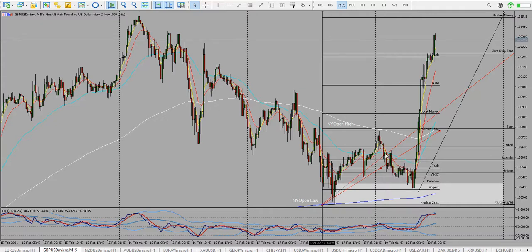So when the market retraces back to our entry zone, we have our first entry as the sniper.